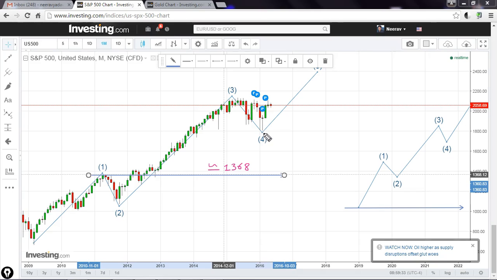As per the third rule of the Elliott Wave Theory, wave 4 cannot enter the price territory of wave 1, and hence if wave 4 progresses and enters the level of 1368 or even lower, that is less than or equal to 1368, then this progression is incorrect and we will have to recount the same wave progression.